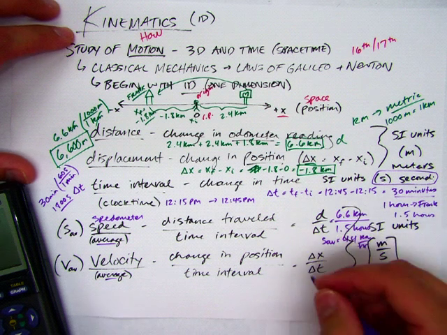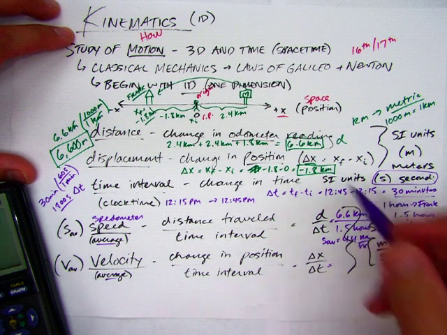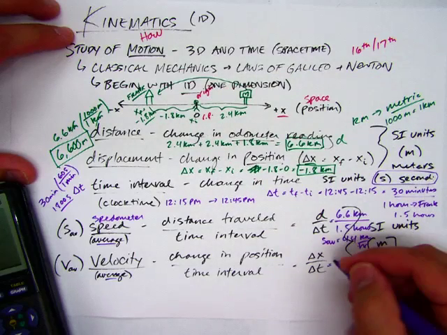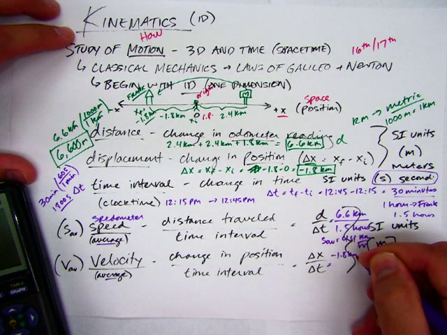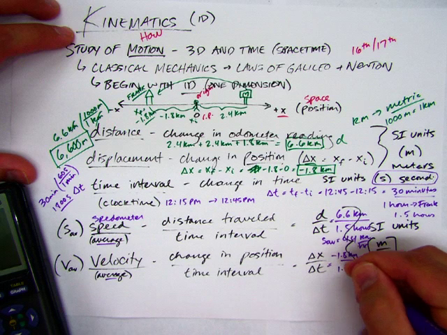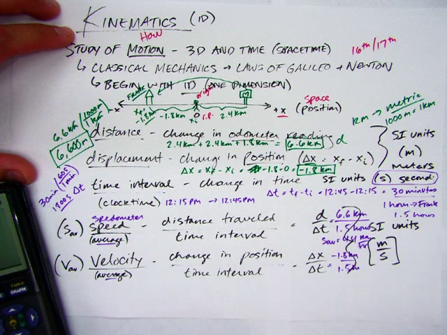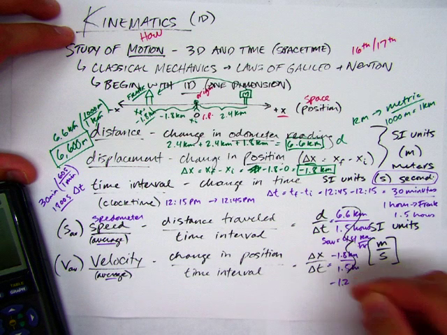Now my average velocity, on the other hand, is my change in position over time. Well, my change in position was negative 1.8 kilometers, divided by 1.5 hours, which is negative 1.2 kilometers per hour.